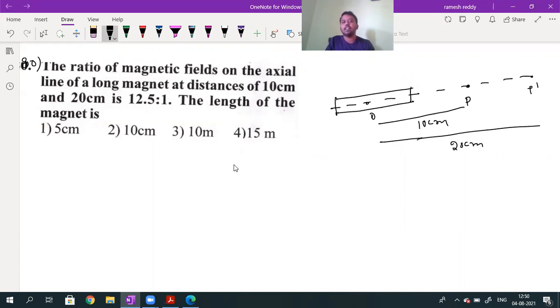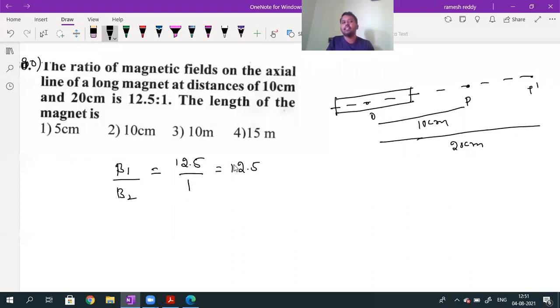The ratio of the magnetic fields at these 2 points is given. At P, I will call the magnetic field induction B1, and at P dash, B2. The ratio B1 by B2 is given as 12.5 divided by 1, or nothing but 12.5 only.